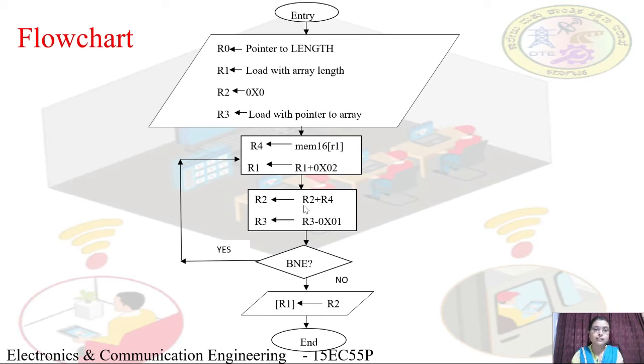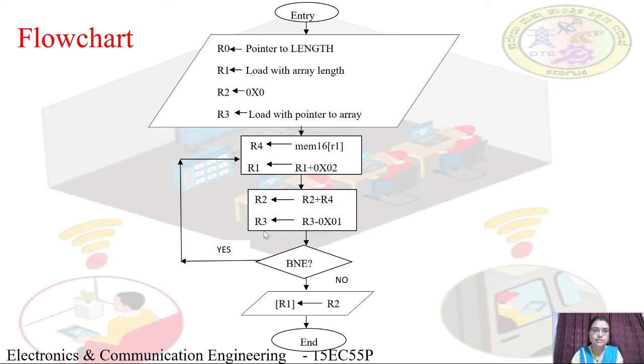Next, R2 is added with R4. That is, the loaded element is added with the previous result and the result itself is stored in the register R2. Then R3 is decremented by 1. The length of elements is decremented by 1 and stored in the register R3.